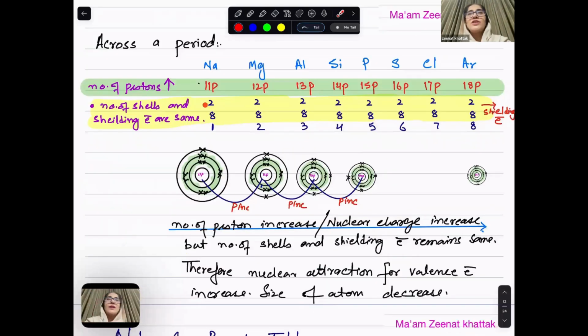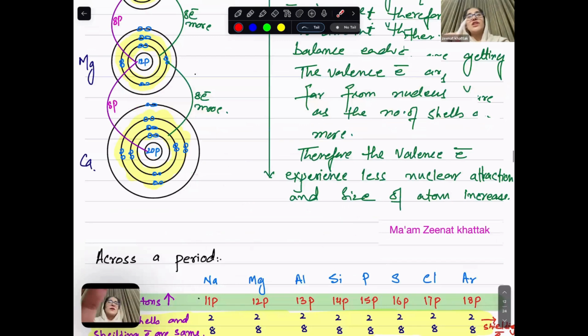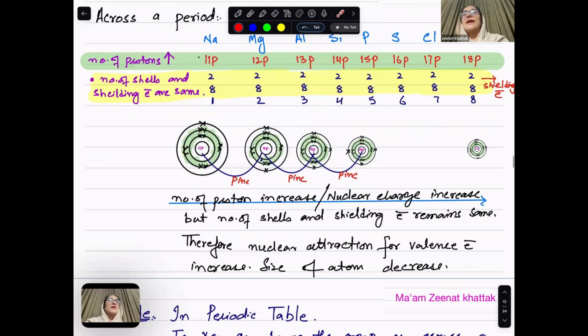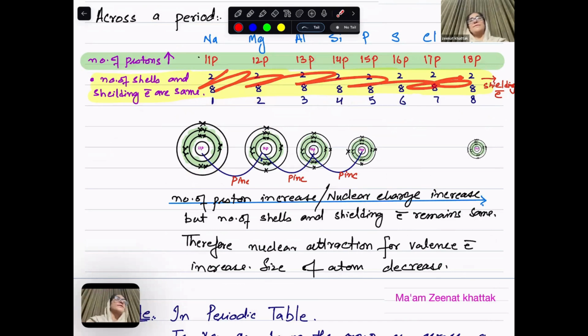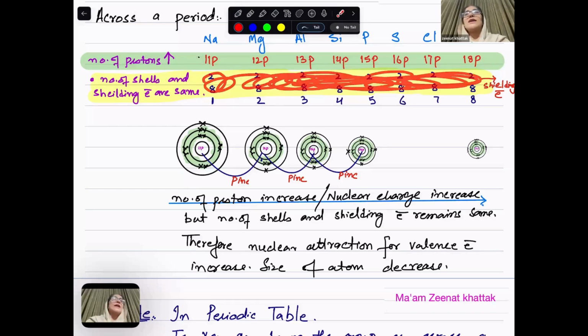Is there any change in number of shells? No. Is there any change in the shielding electrons, the ones in between? Remains same. Down the group, the proton, the shells and the shielding increase. Across a period, the protons increase, the shells and the shielding remain the same. Now, when the shielding is same, the repulsion is same.